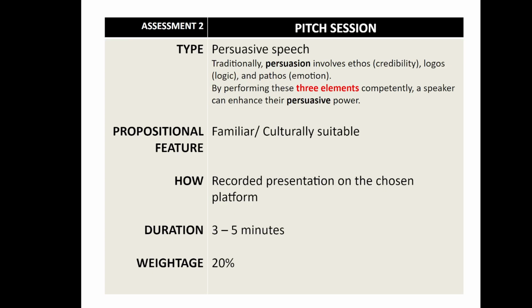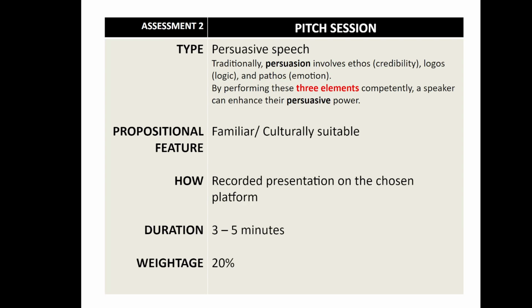Right, so for this pitch session, your assessment number 2, it is a type of persuasive speech, meaning that you have to convince others to be part of what you want to try to tell them. Okay, so just a background of persuasive speech.